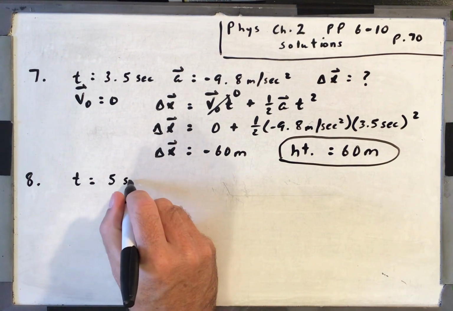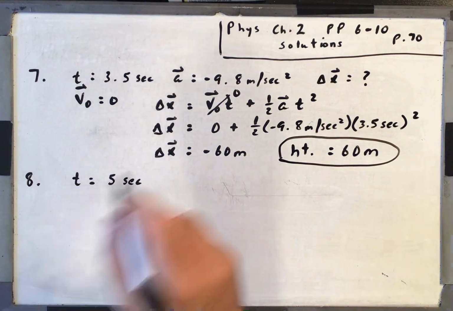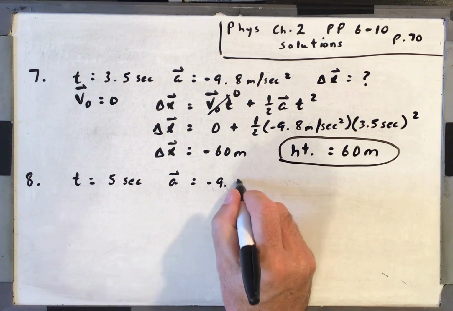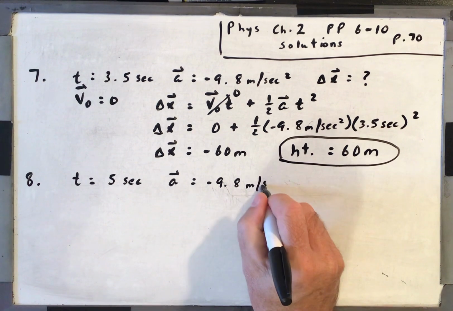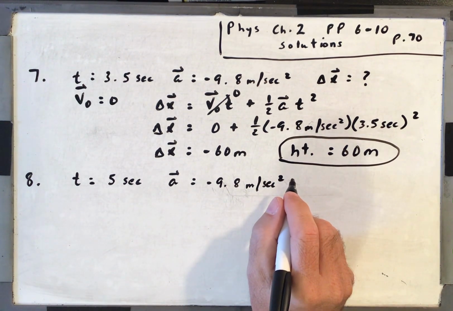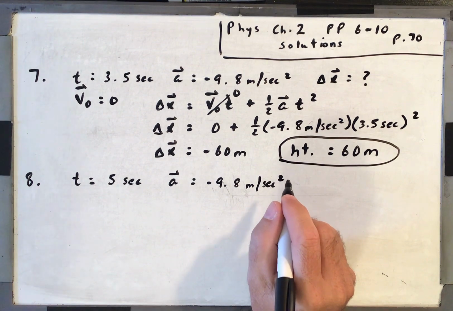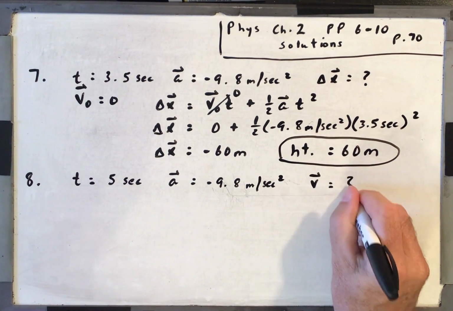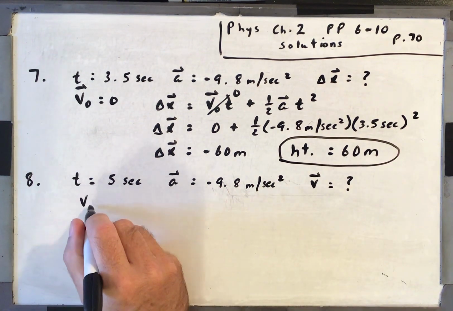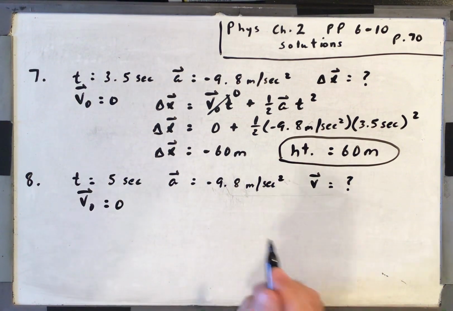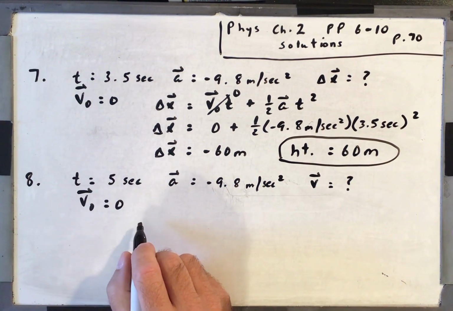Of course, we're neglecting air resistance in this case. Our acceleration's negative 9.8. We want to know how fast is he traveling. So that's the final velocity. We know that initial velocity is equal to 0, we're assuming that the plane is traveling horizontally.